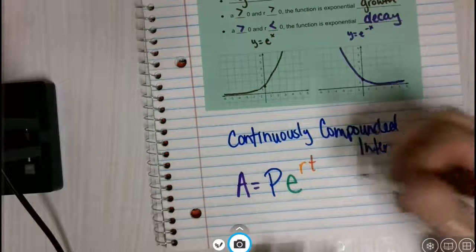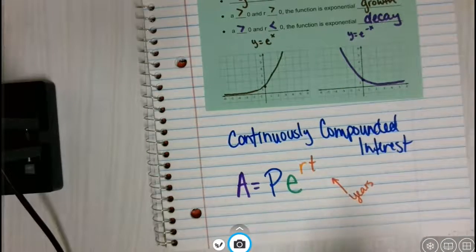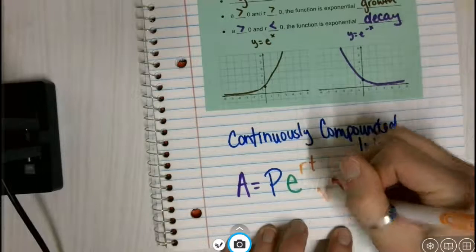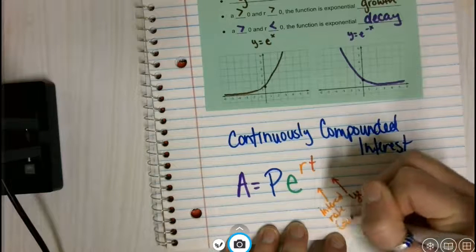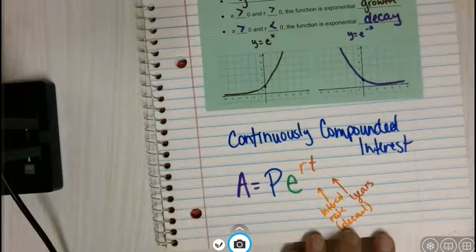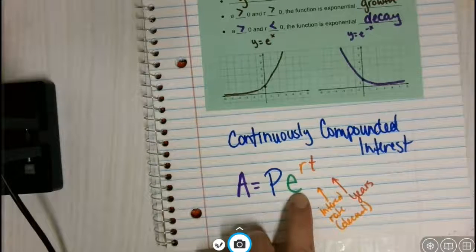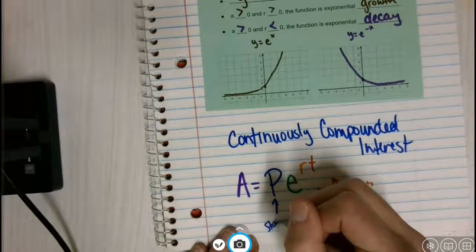So T is our time in years, right? R is always going to be my interest rate. Again, as a decimal, we can't use the percentage. We have to turn it into a decimal first. And then E is a number. E is not a letter here. And P is, again, our principal, our starting amount.